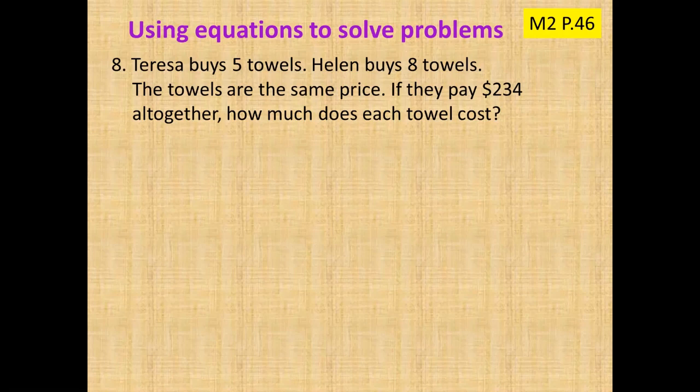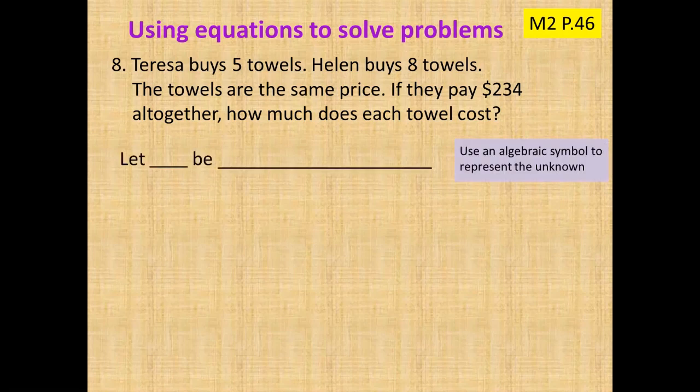So according to this question, we need to look for the price of one towel. So that's why at the beginning, we need to think about what should be the unknown. And you know that we are looking for the price of the towel.